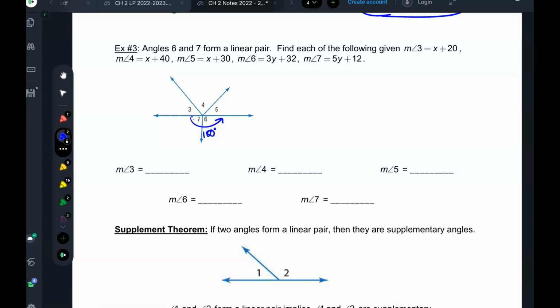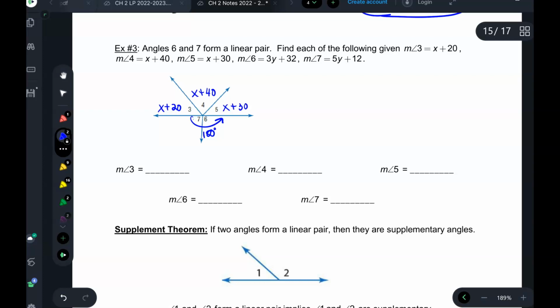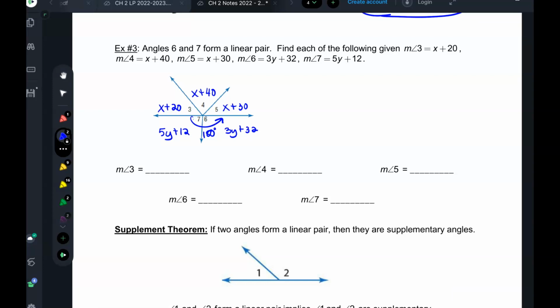Okay, we know the measure of angle 3 is x plus 20. Angle 4 is x plus 40. Angle 5 is x plus 30. Angle 6 is 3y plus 32, and angle 7 is 5y plus 12. There's a lot going on.